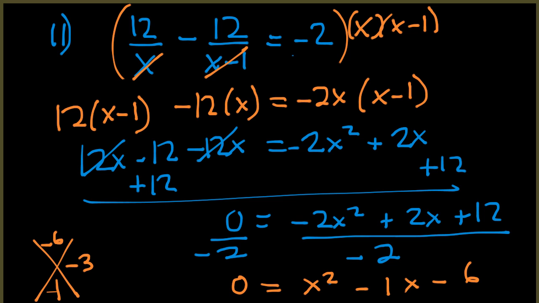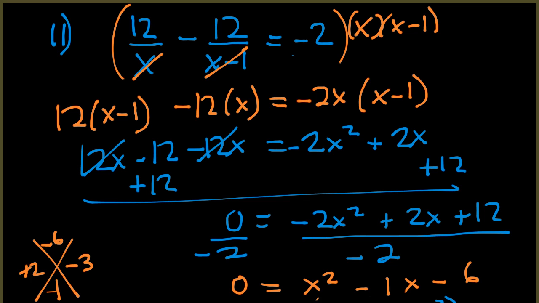How about a negative 3 and a positive 2? So what I get is x minus 3 times x plus 2 is all equal to 0.